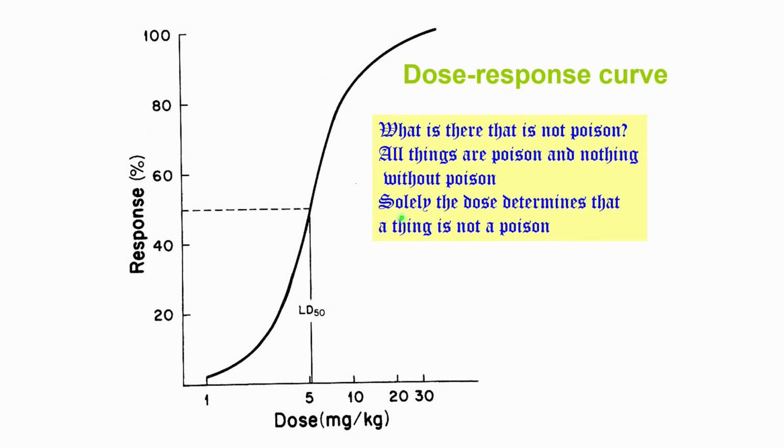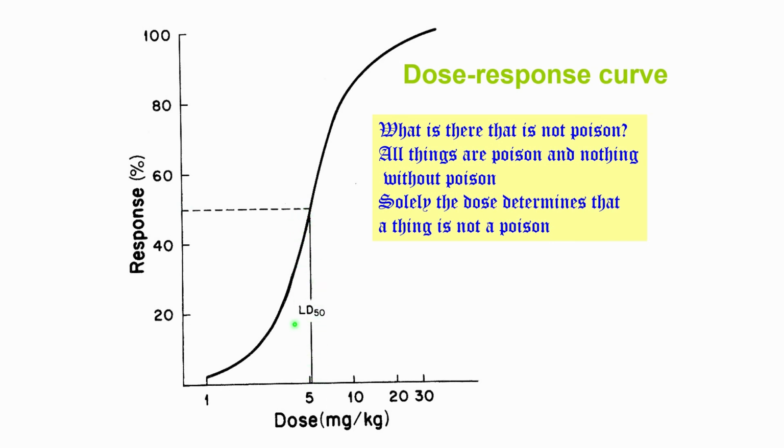And the last concept, the response curve, we name dose response curve, and usually it's log scale here, and from 0 to 100% response on this axis. 50% response gives you characteristic.